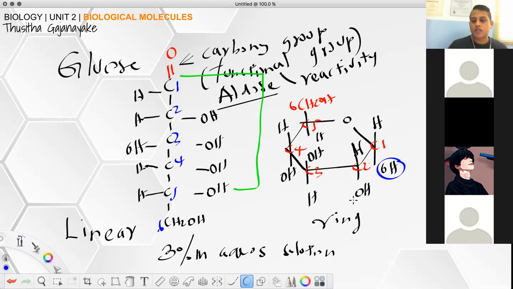This version we call alpha glucose, right? When the OH group is below carbon number 1, it is called alpha glucose. You can copy this down under the notes, linear and ring, leaving a space.